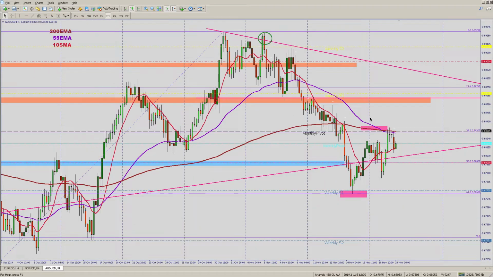Let's switch to the 4-hour time frame. So this was the resistance zone, and it's still a key resistance zone for the time being. This is a key support zone. Prior to that, there's already another critical support zone at the 0.6800 level.